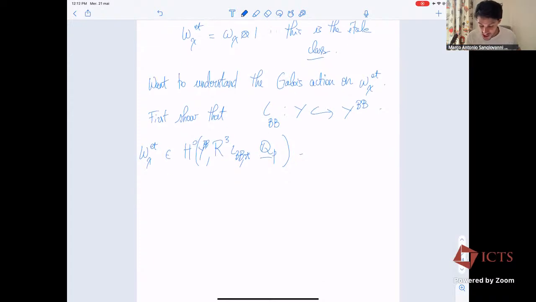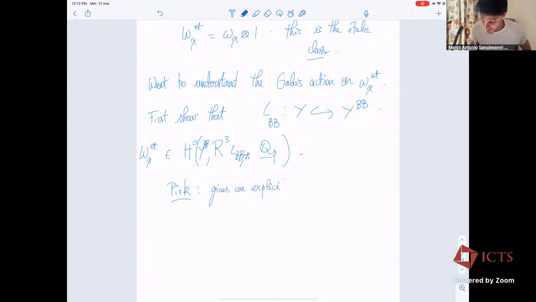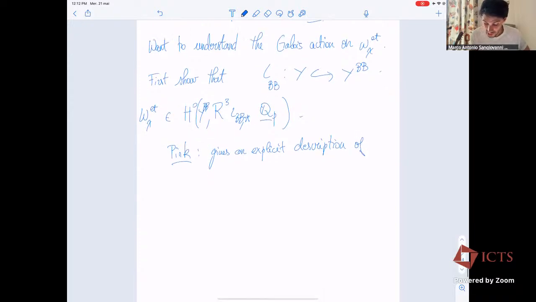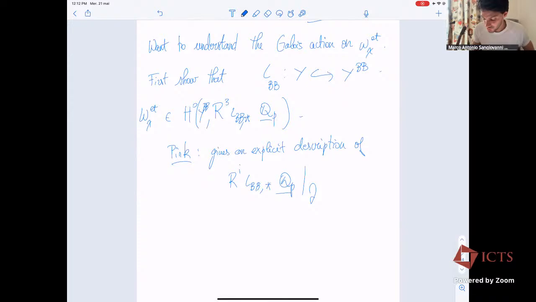And the key in doing this is that there are theorems of Pink which give an explicit, representation theoretic description of what the Galois action on this sheaf R iota BB star Q_p is, restricted to a boundary component, delta star of the Baily-Borel compactification.